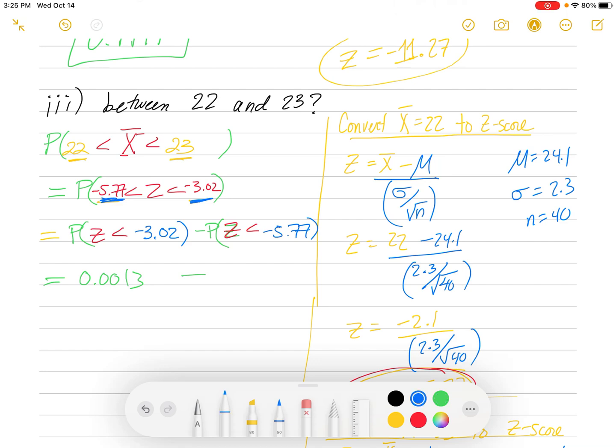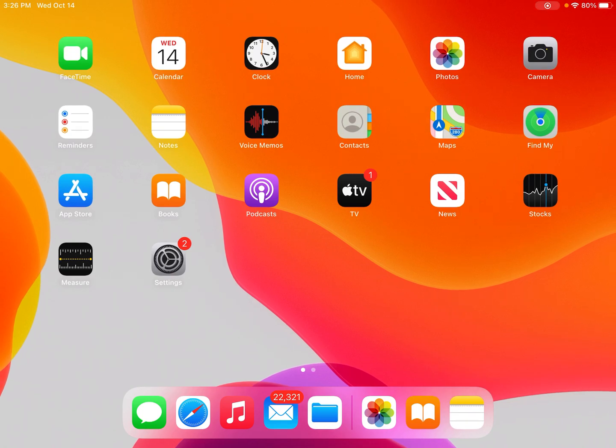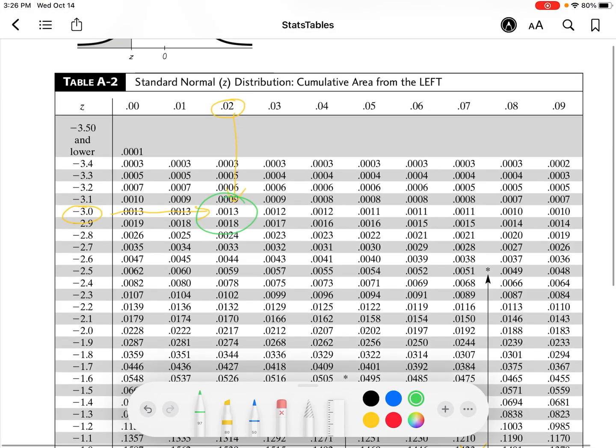Now I have to look up negative 5.77. What happens when you look up this number, negative 5.77 as a z-score? Notice right here, negative 5.77, it doesn't go that far, right? It only goes to negative 3.5.